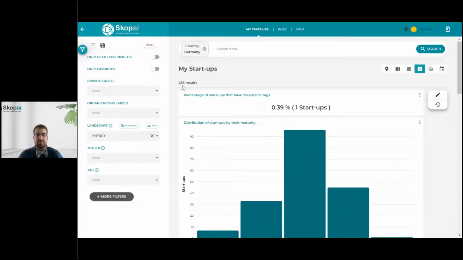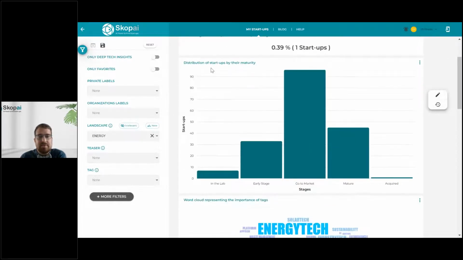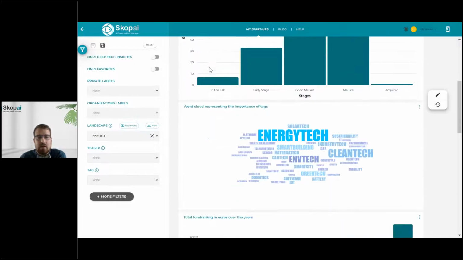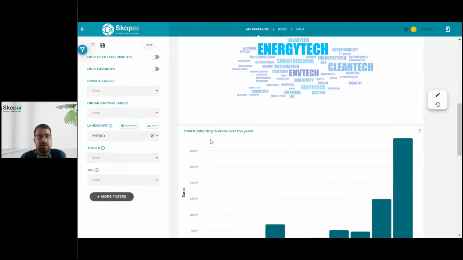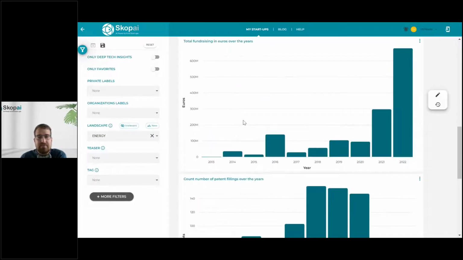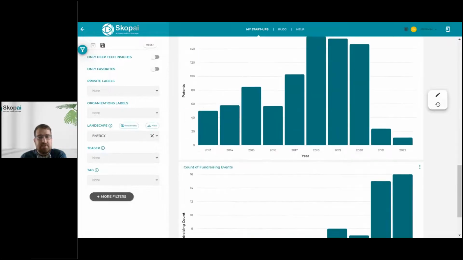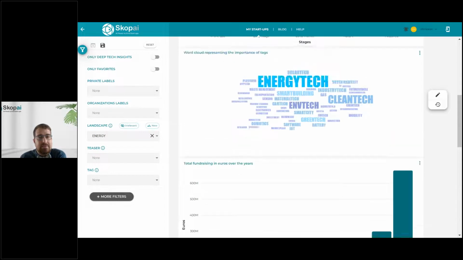In this ecosystem, only 256 are located in Germany, but it does affect all of our charts here. So we scroll down and now we can compare what's the most prevalent here, fundraising specifically for Germany. We notice there's a very high uptick in the recent year, patents, and so on and so forth.